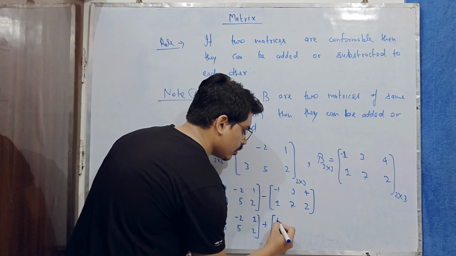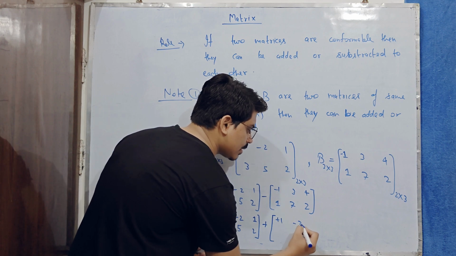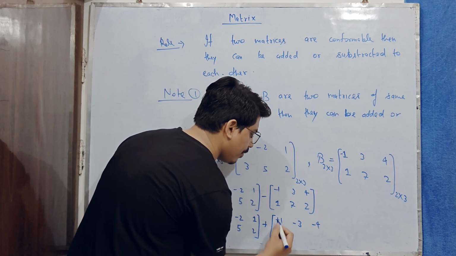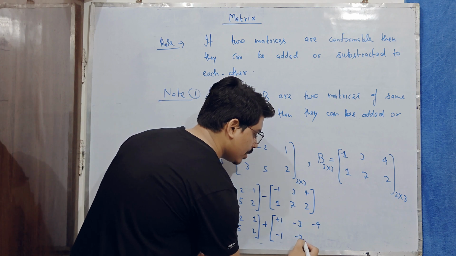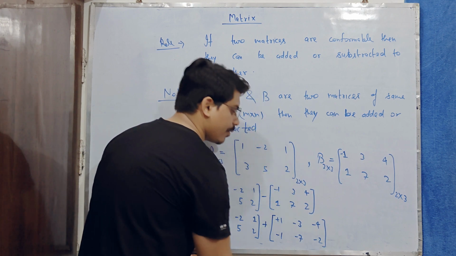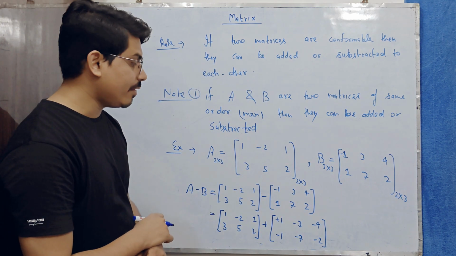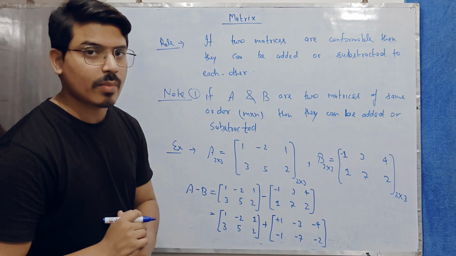This is negative, then this becomes positive, this becomes negative, and this also becomes negative. This is the process by which you can subtract two matrices.